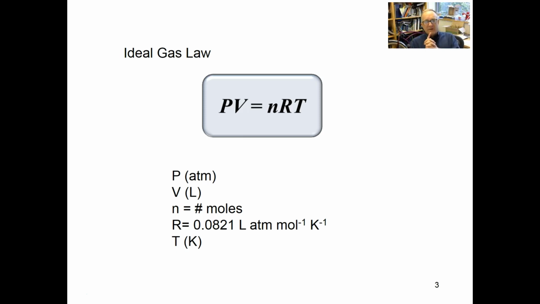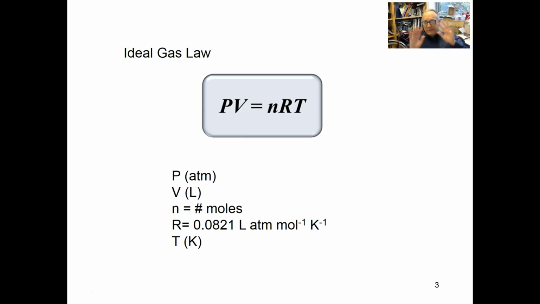The ideal gas law falls out of the kinetic molecular theory of gases, where we have these small particles, the distances between them are large, their size is negligible, there are no attractive forces, and all the collisions are perfectly elastic.